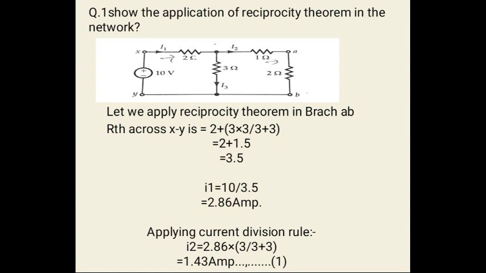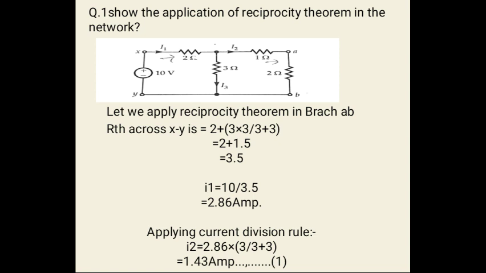First we find RTH across the XY or AB terminal. The value of RTH is obtained by removing the voltage source and replacing it by its internal resistance, meaning the voltage source is short circuited. There are 3 branches, with resistances of 2 ohm and 3 ohm connected. First of all we find the value of the source current.